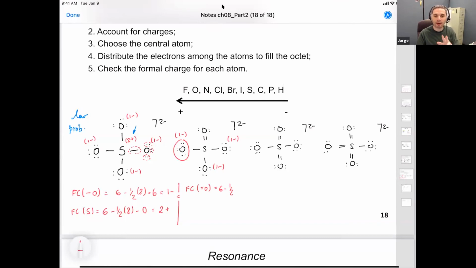Attention now, because now we have a double bond, therefore we have 4 bonding electrons, okay? Minus the number of non-bonding electrons. We have here 2 and 4. That gives us a formal charge equal to 0. Okay, so oxygen connected through a double bond has a formal charge equal to 0. And now let's calculate the formal charge for the sulfur.